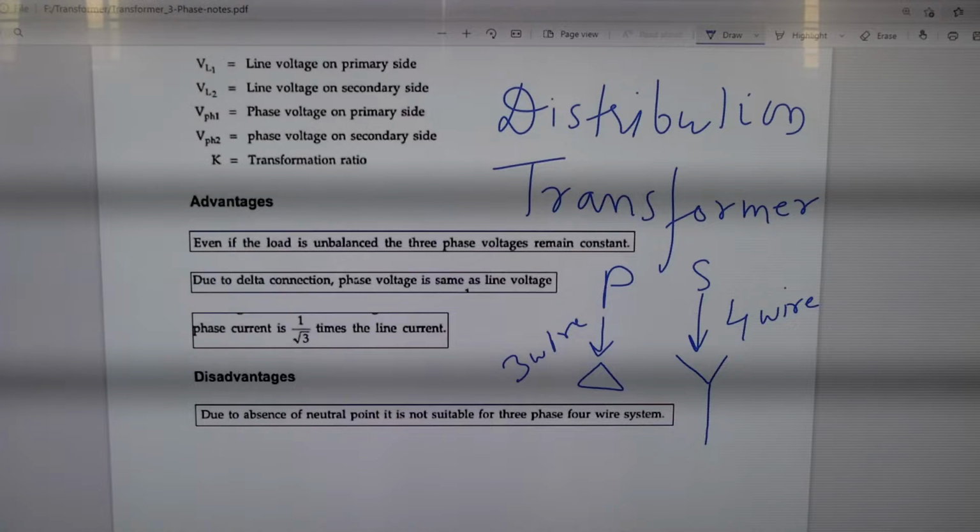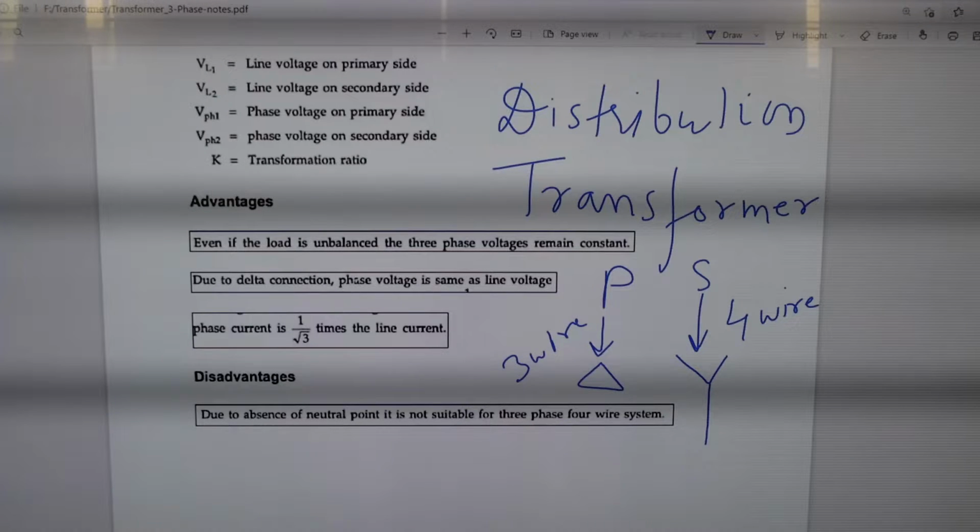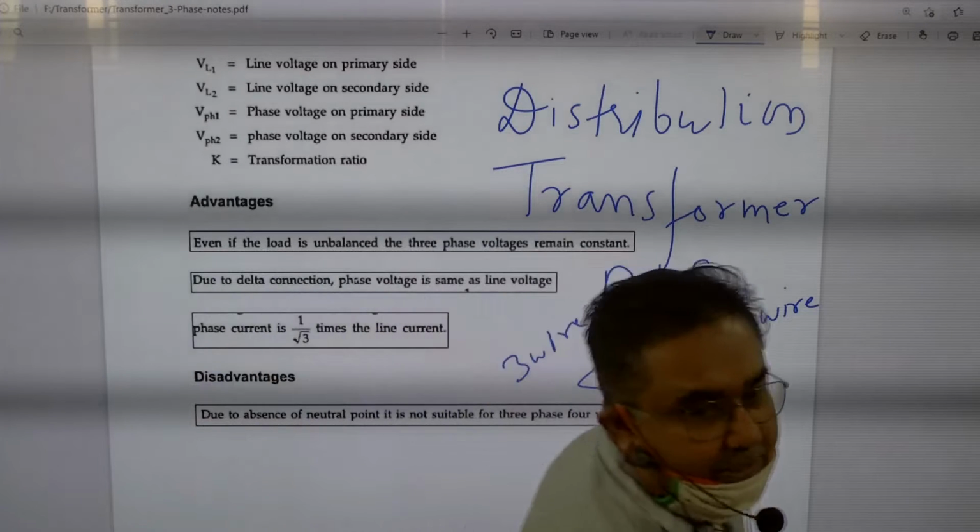Now you can see that on the 33 kV line or the 11 kV line which is coming, only one disc will be there. But if you go to the highway line, if it is a 132 kV line, you can easily identify it: multiply 11 by 12, it comes out to 132.